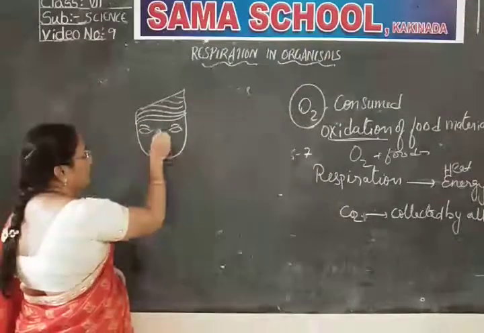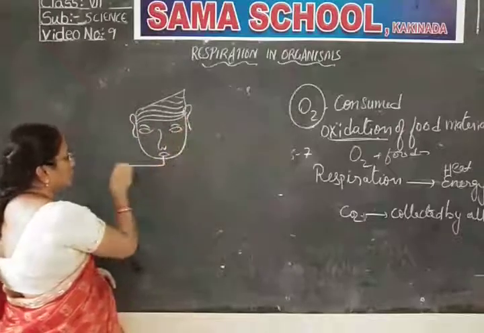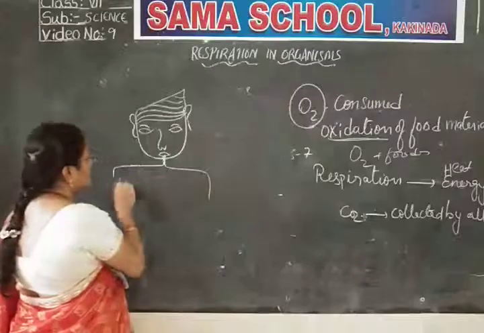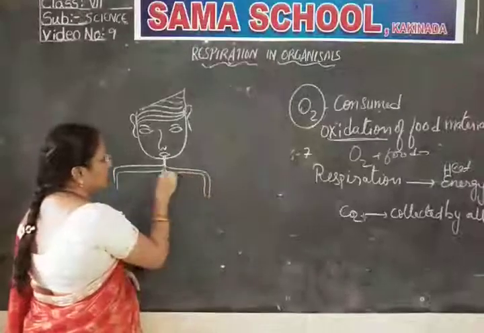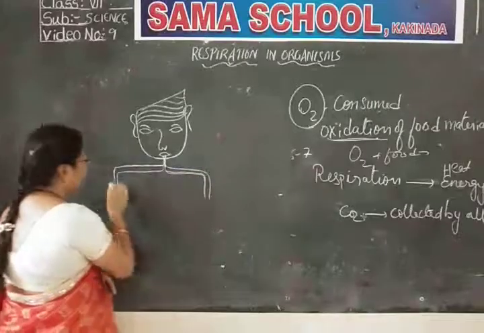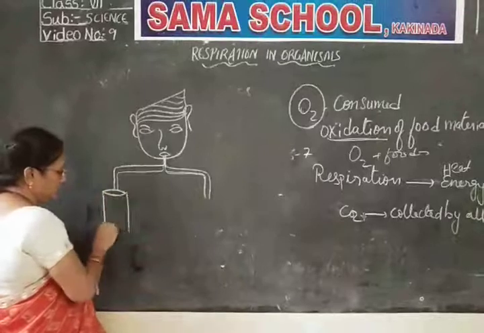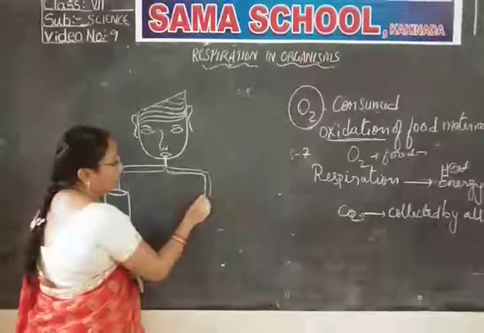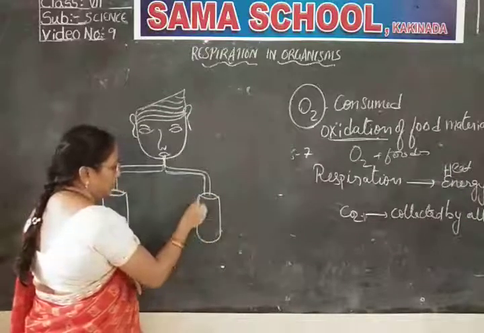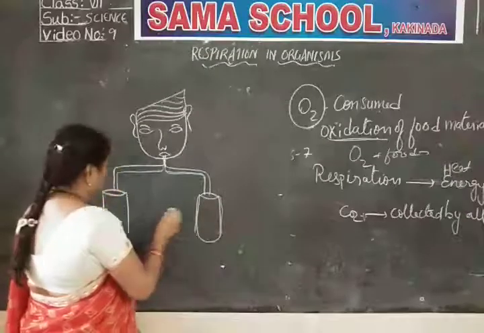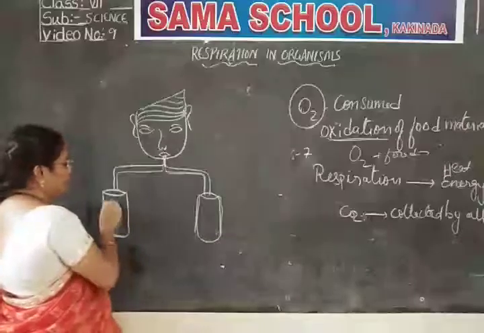This is the mouth. Okay. Now connect the two rubber tubes, as I showed in the last video class. These are the boiling tubes, not like test tubes. Boiling tubes are bigger than the test tubes. Those are called boiling tubes.